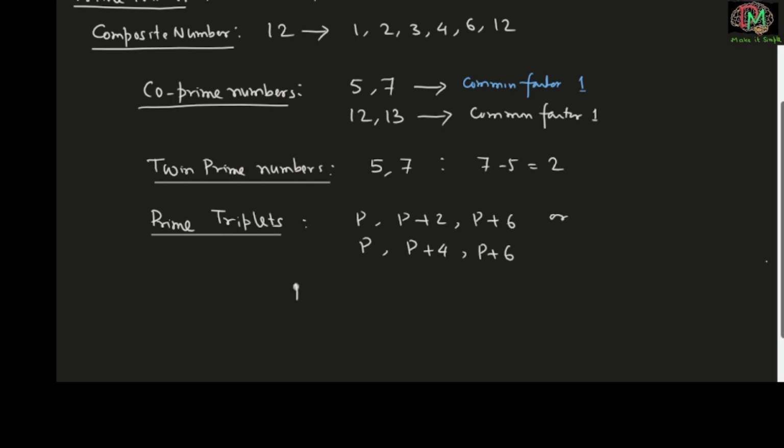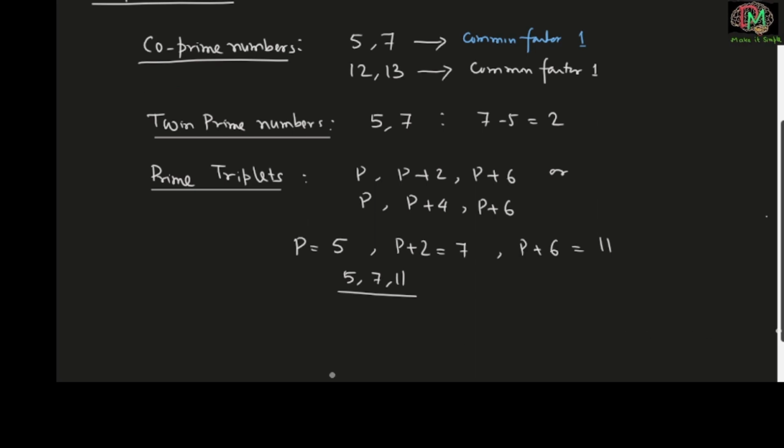Suppose p is equal to 5. So 5 is a prime number, and the next number will be p plus 2, 7, and p plus 6 is 11. So 5, 7, 11 are the prime triplets, because these three numbers are prime numbers. Also it follows this format.